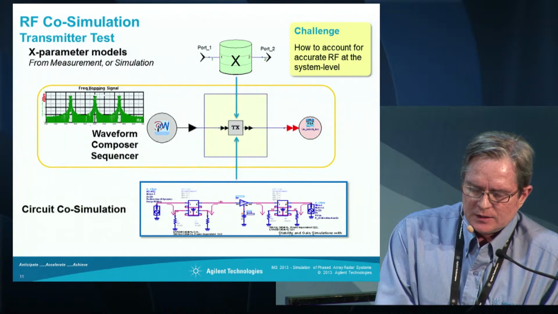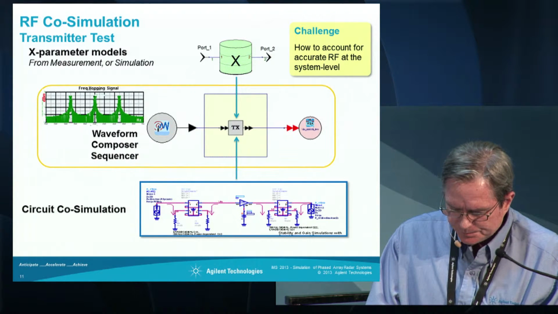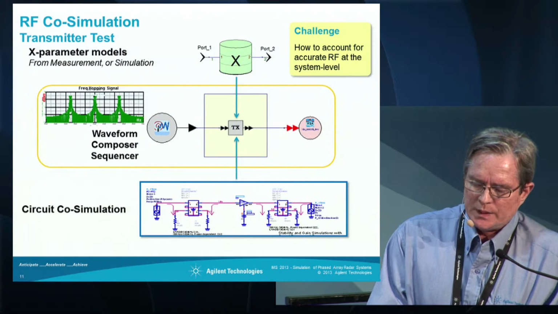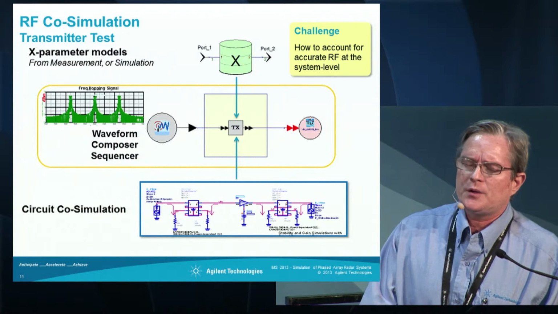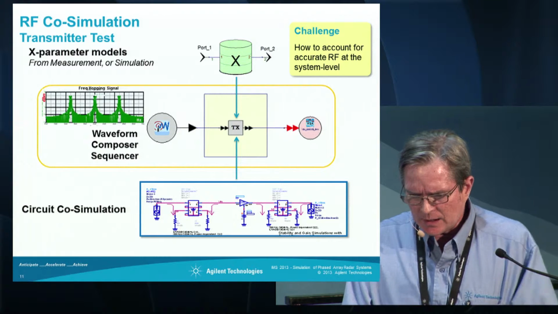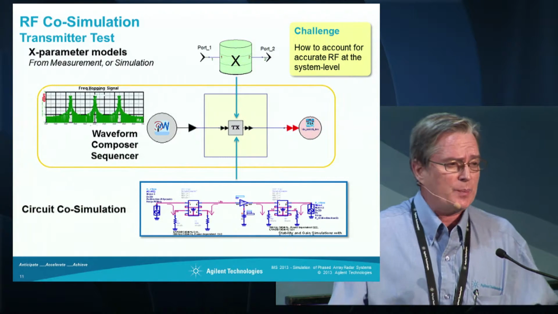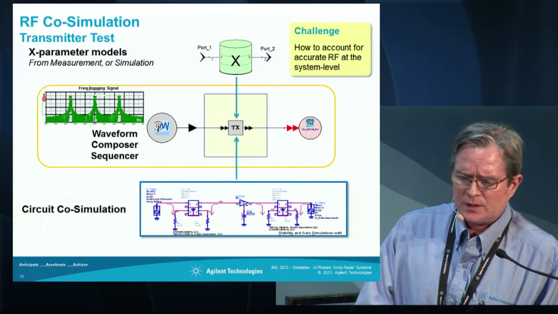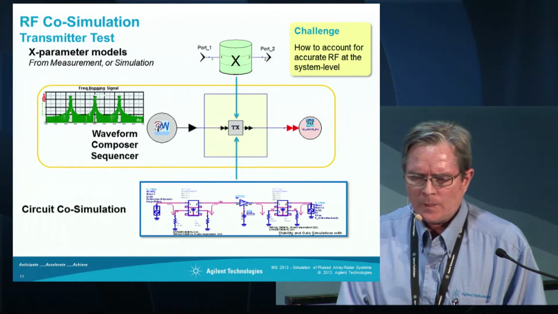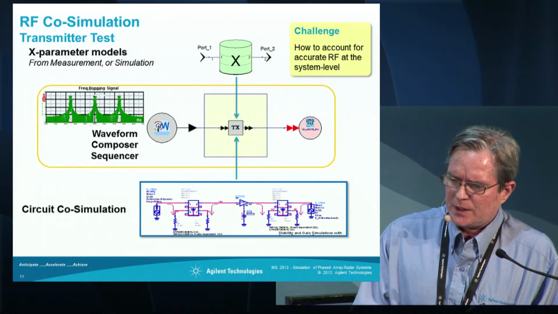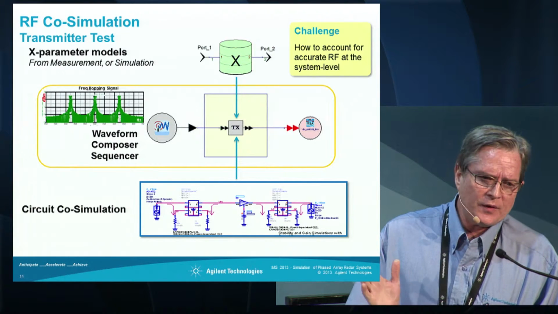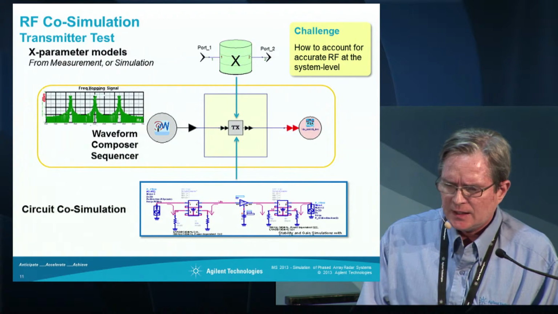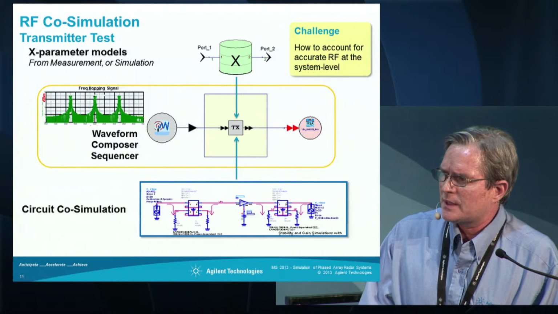Then we have our little RF block here in the middle, which you see at the top. We support X parameters, so if you have an X parameter file, you can co-simulate with that. Also, there's behavioral models if you want to start it and look at that level. And then also we can co-simulate with AESA. Now on the very right you see a sink, and you won't be able to read those words, but it says VSA.